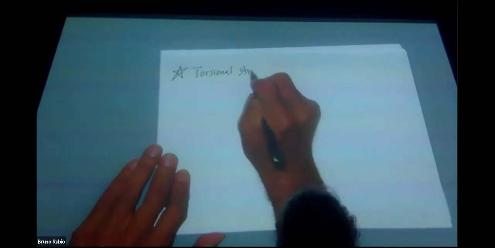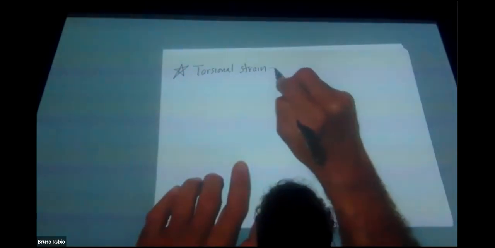Torsional strain. It's called this because this is the kind of strain that is relieved by twisting.